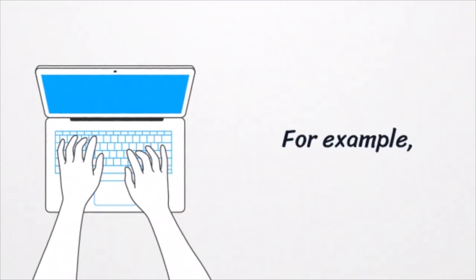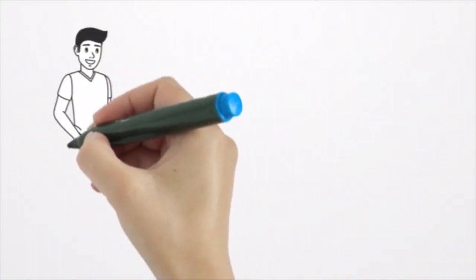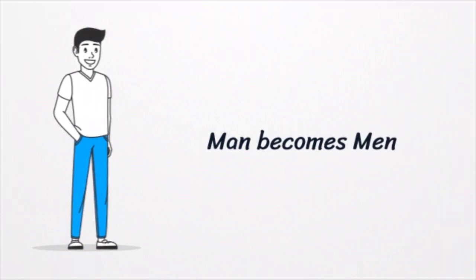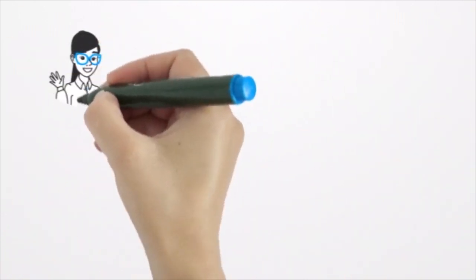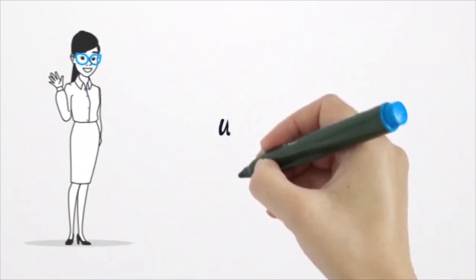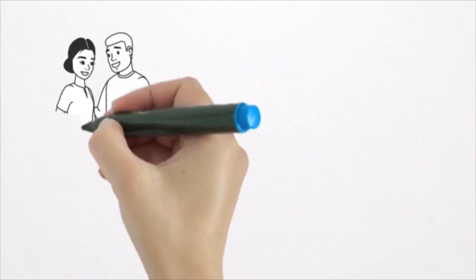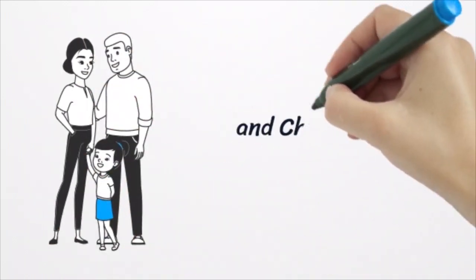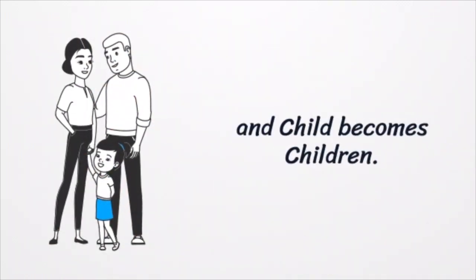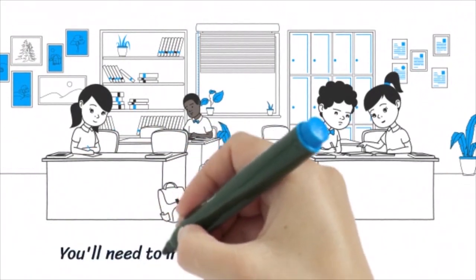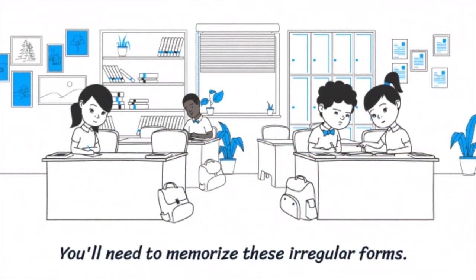For example, man becomes men. Woman becomes women. And child becomes children. You will need to memorize these irregular forms.